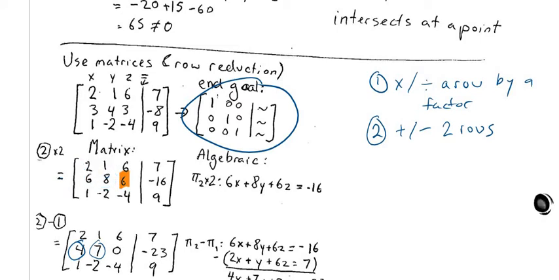So just really quickly, let's clarify that a little bit. Let's talk algebraically about what we did there. We said in that first step, we multiplied by 2. So essentially all we're doing is we're taking plane 2, the equation, and multiplying everything by 2. So algebraically, that's how that would look.